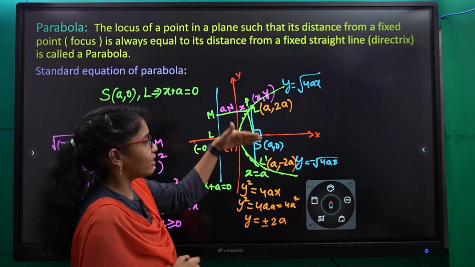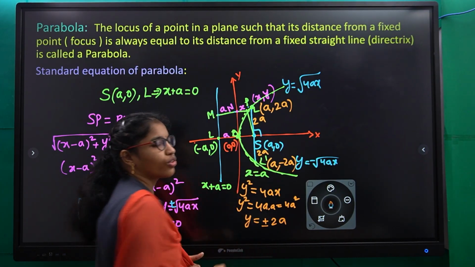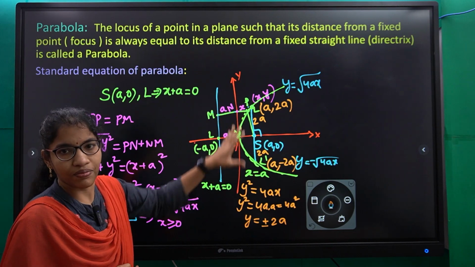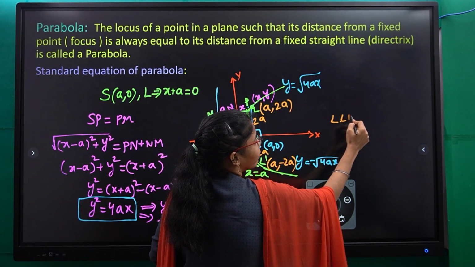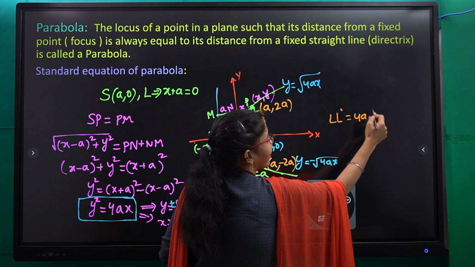So now what is the distance from S to L? It is 2a, and it is 2a. So from this you can say that the length of the latus rectum, LL dash, equals 4a.